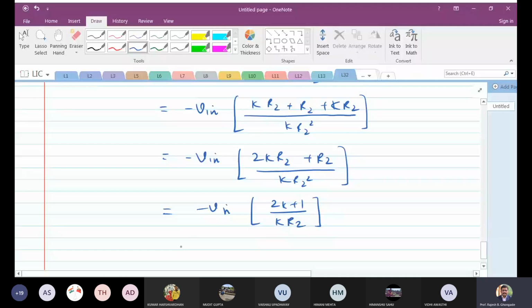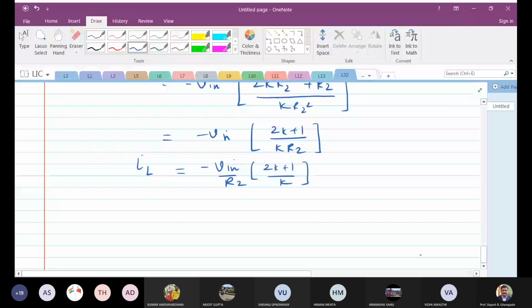Or I2, IL is minus Vin by R2 into (2K plus 1) by K. So what does this tell you? That IL is minus Vin by R2 into some constant.